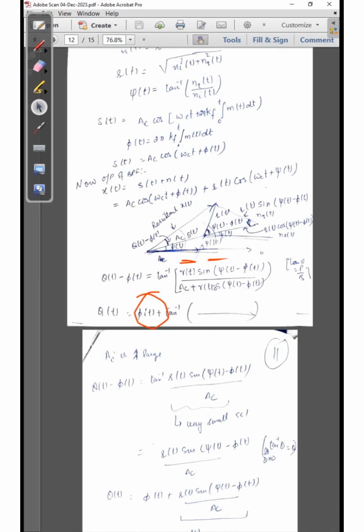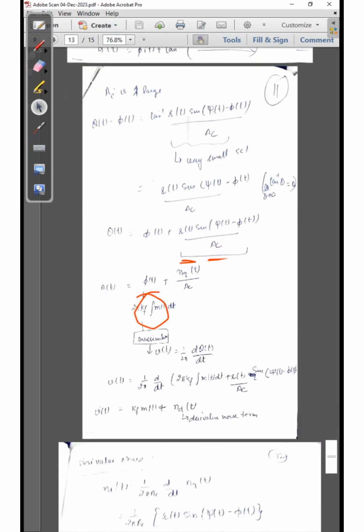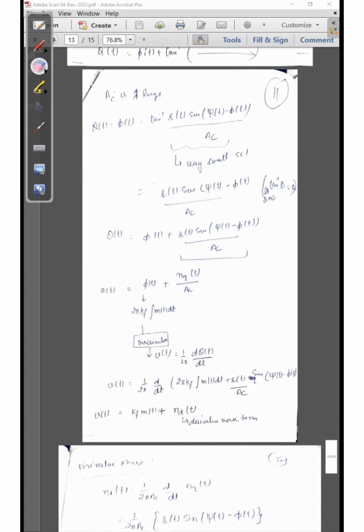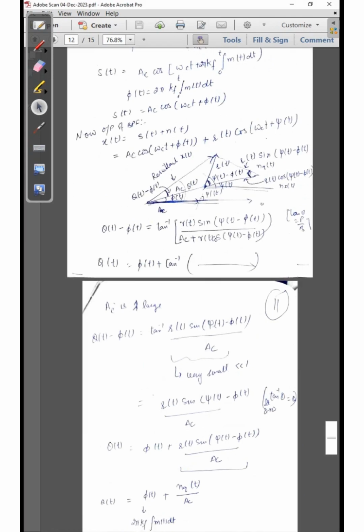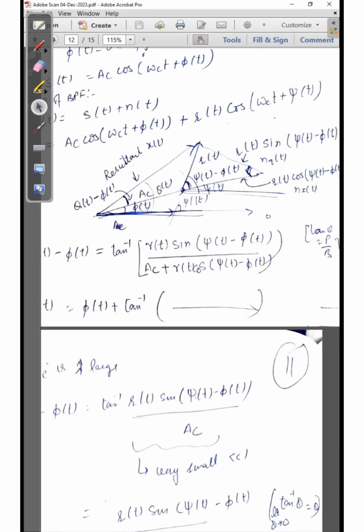Putting that here, theta of t equals phi of t, which is nothing but 2 pi k_f integral of m of t, plus this factor, which I am supposing to be the quadrature component of noise. You should see this: this was the phasor, this was the in-phase component, and this was the quadrature component. So r of t sin(psi of t minus phi of t) is the quadrature component of noise.